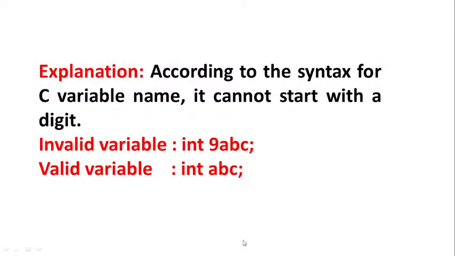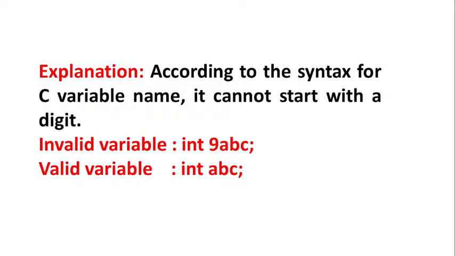Next, the explanation for this question is, according to the C syntax, a C variable name cannot start with a digit. So here we have two examples: one is the invalid variable declaration, another is the valid variable declaration.